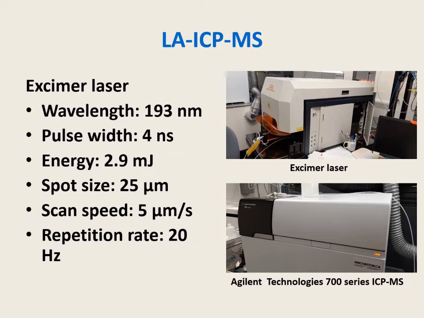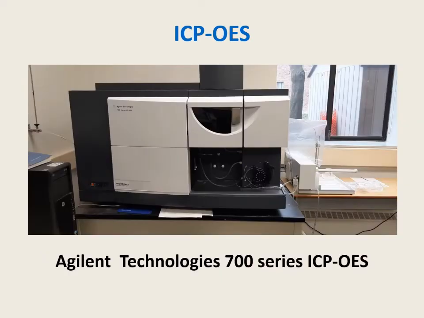Laser ablation, inductively coupled plasma mass spectrometry: we use an excimer laser, wavelength 193 nanometer, pulse width 4 nanosecond, energy 2.9 millijoule, spot size 25 micrometer, scan speed 5 micrometer per second, repetition rate 20 Hz. ICP-OES, inductively coupled plasma optical emission spectroscopy technique.